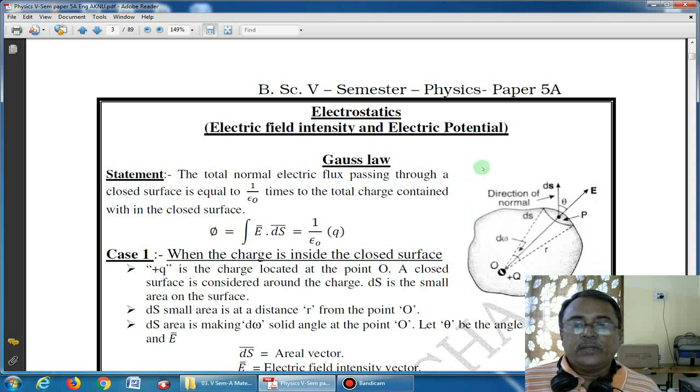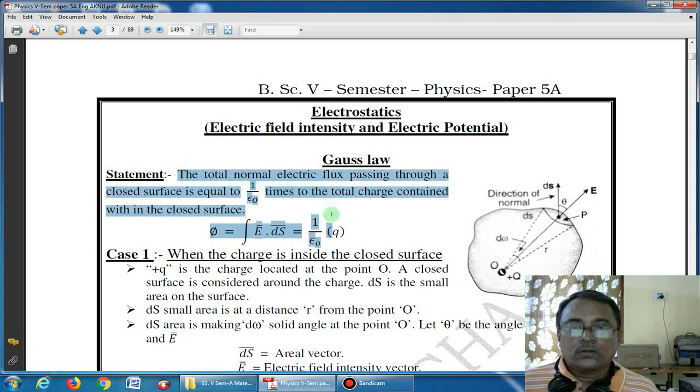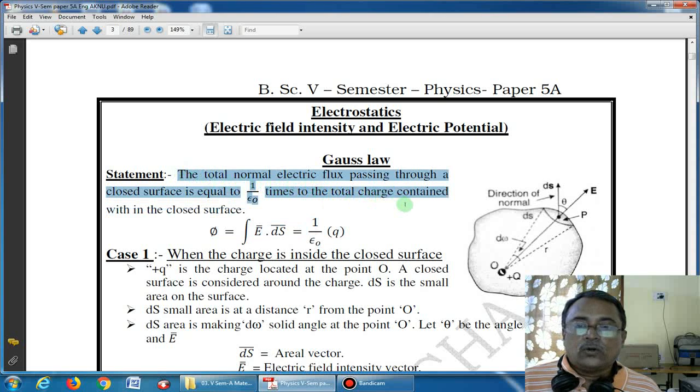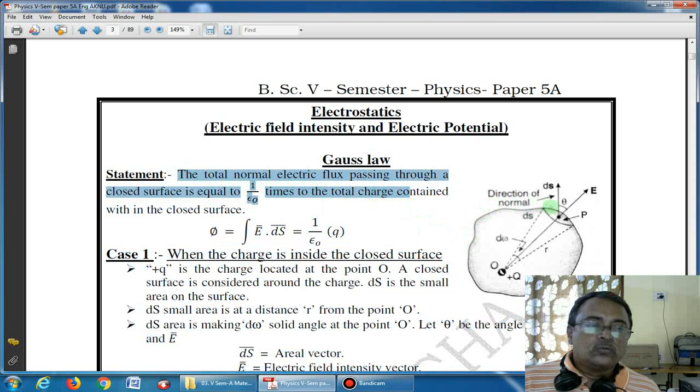Next, coming to the statement of Gauss law: the total normal electric flux passing out through the closed surface area is equal to 1 by epsilon naught times the total charge contained within the closed surface.